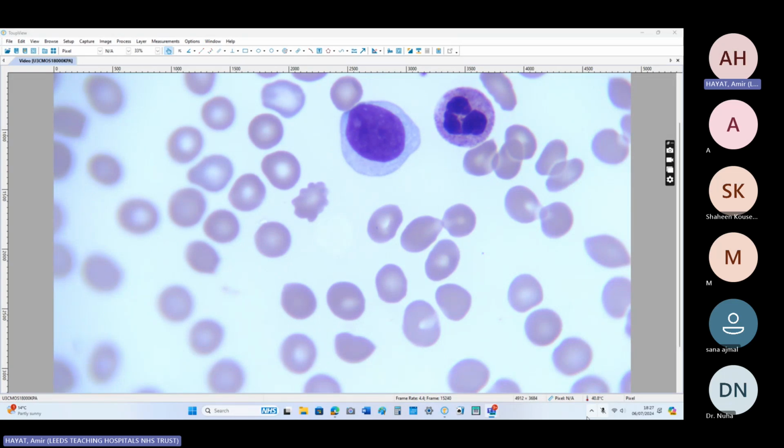Okay. So if this patient relapses after 2 years, let's say you have given him the Nordic protocol, would you offer CAR T after the relapse?